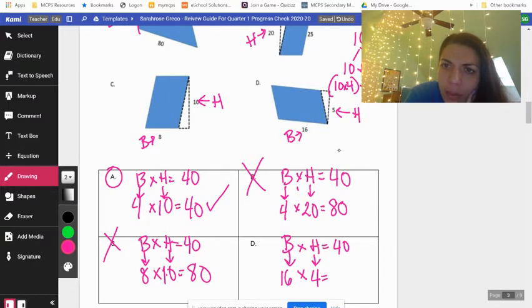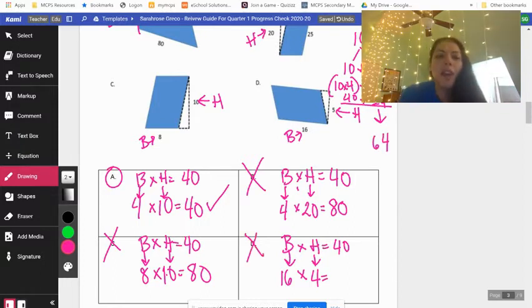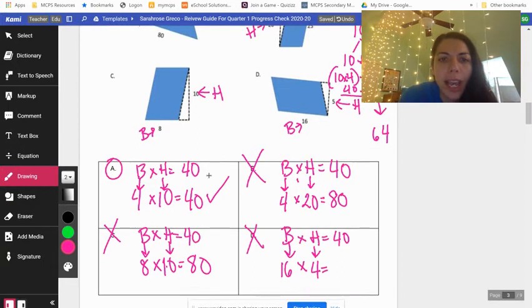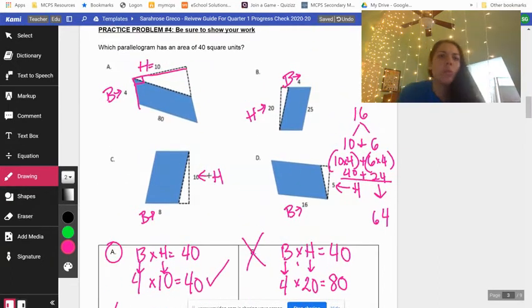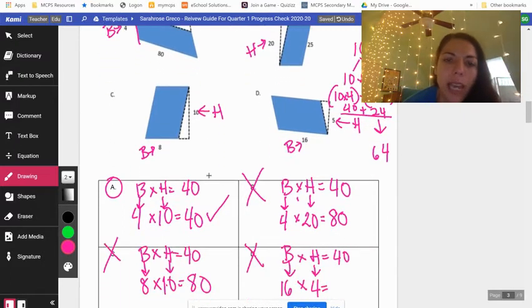And 6 times 4 is 24, so 40 plus 24 equals 64, so that does not work. So the only answer that got an area of 40 was A. Which parallelogram has an area of 40 square units? And the only answer was A.